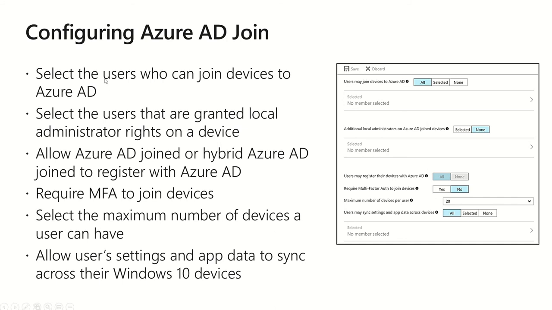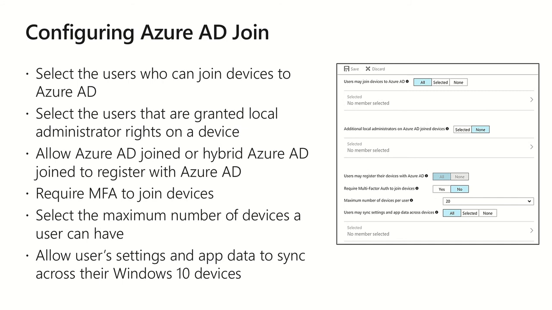First, you select the users who can join devices to Azure AD and select the user that's granted local admin to the device. Allow the user to join hybrid or register the Azure AD, require MFA, and select the maximum number of devices a user can have. I don't think any user can have 20 devices though, but according to my friend at Microsoft, he actually saw that Sadia has 28 or 26 devices.